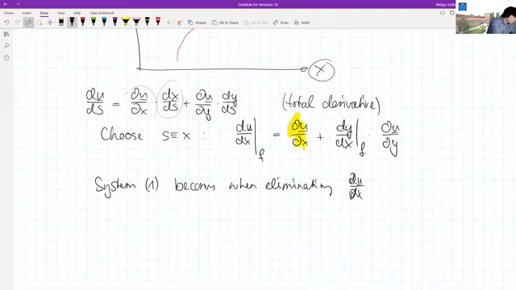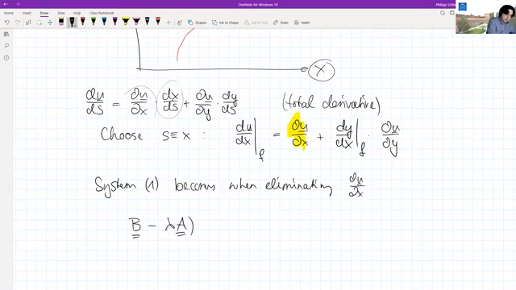Well, what do I get there? Very simply, b minus lambda times a du dy.